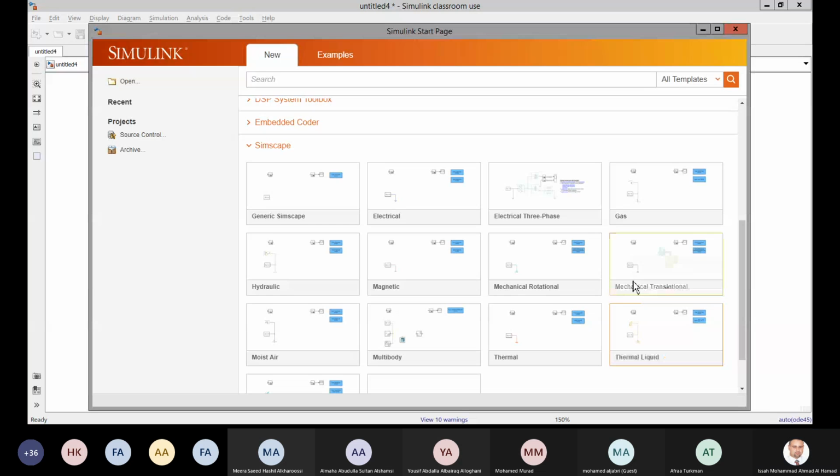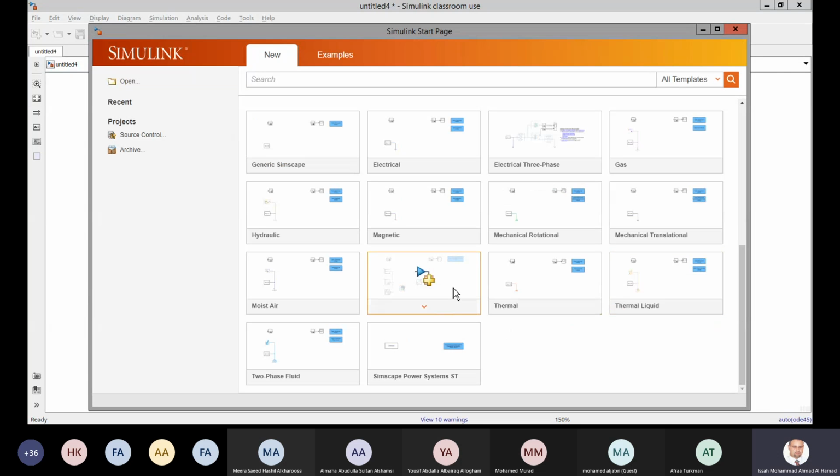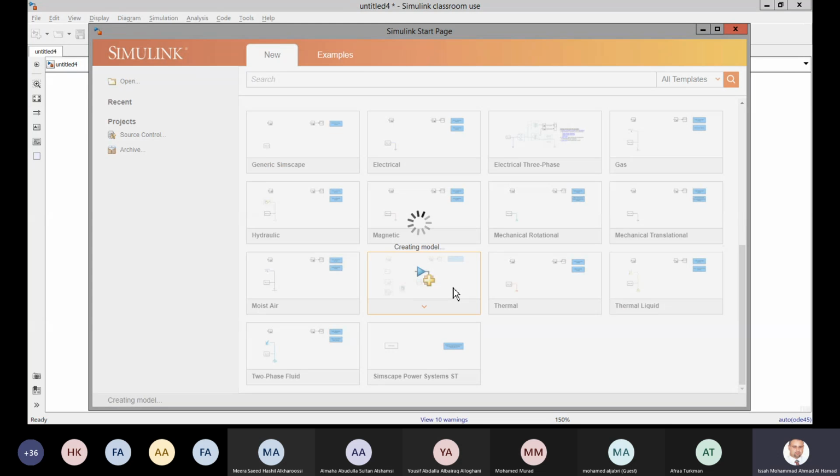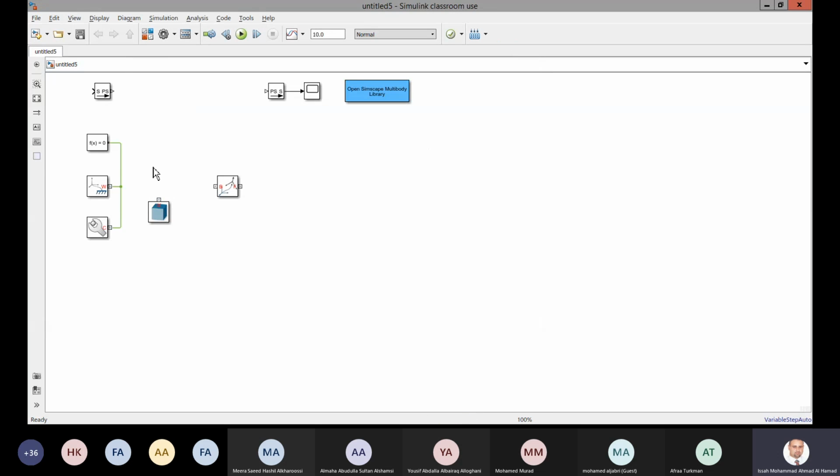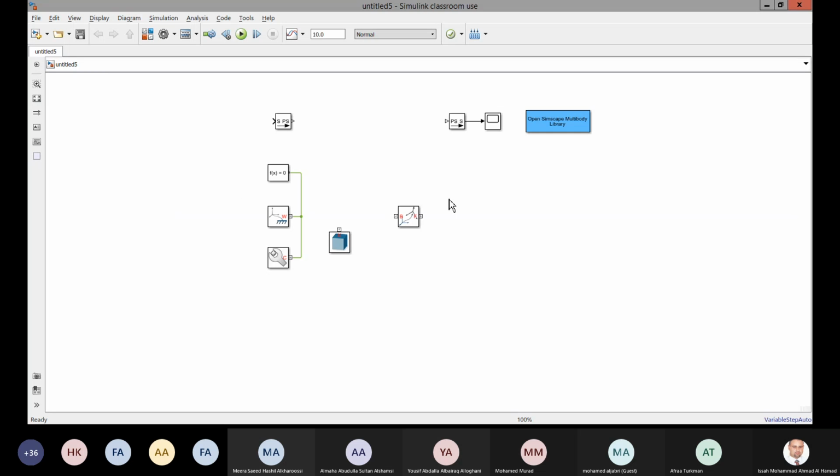Then I will go to multi-body system. I'm not sure still. Okay. So it opened a new model. This is called the Simscape Mechanical Multi-Body System. I will zoom a little bit here.